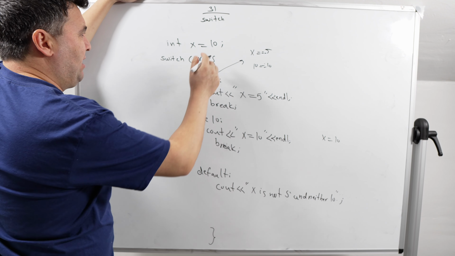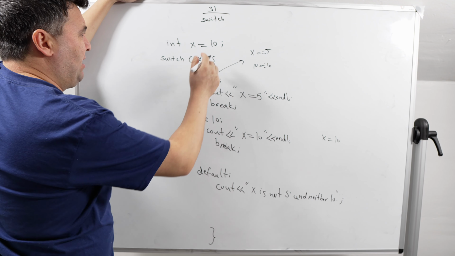But for example, if I change this value to 20, now we check here, is 20 equal to 5? No. So this part will not be executed. Then is 20 equal to 10? No. So this part will not be executed.